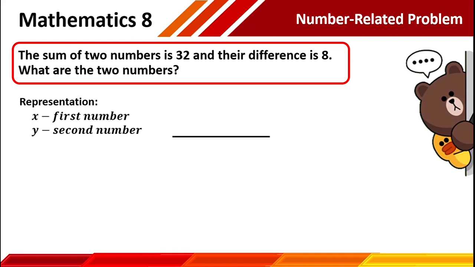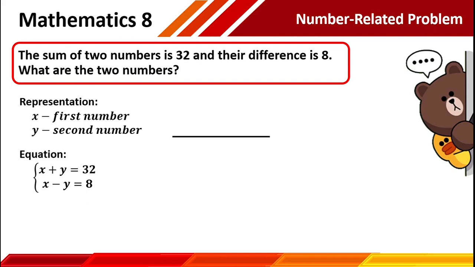According to our problem, the sum of two numbers is 32. Therefore, we can write it as the sum of x and y is 32. And, according to our problem as well, the difference of the two numbers is 8. So we can write as x minus y is equal to 8.